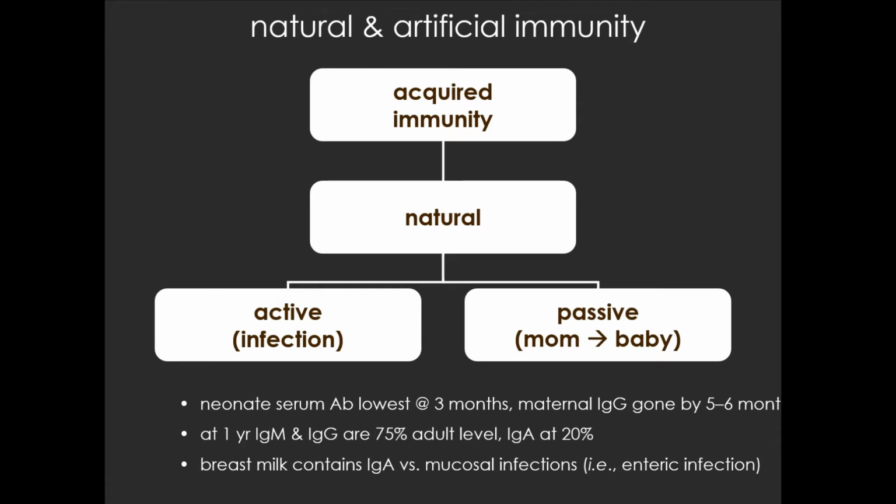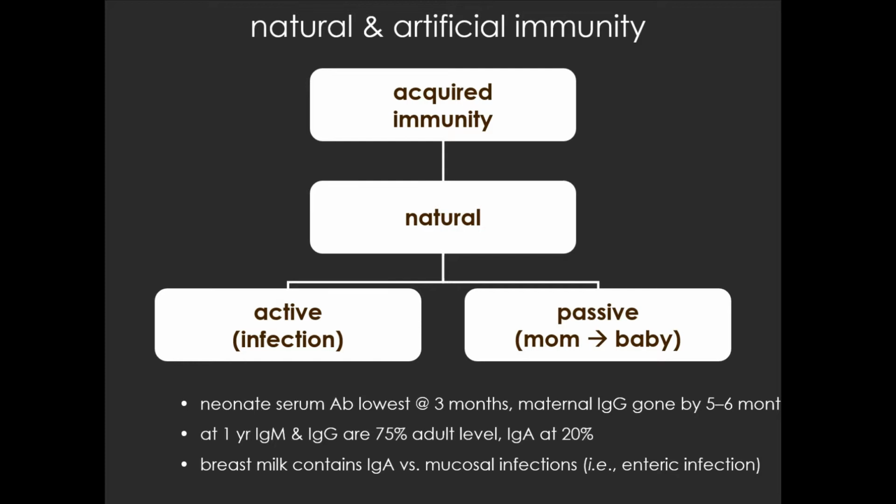Now, it hits its lowest level there, even though there's still going to continue to be a decrease in the amount of maternal IgG over the next couple of months. At 3 months, that's where the baby's immune system starts to kick in and starts to respond to antigen.